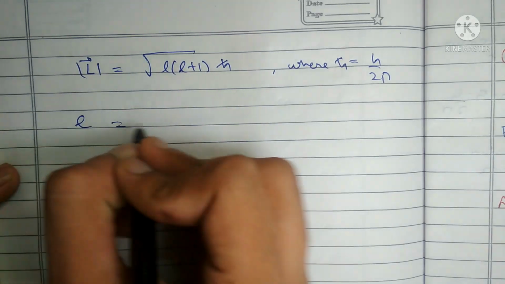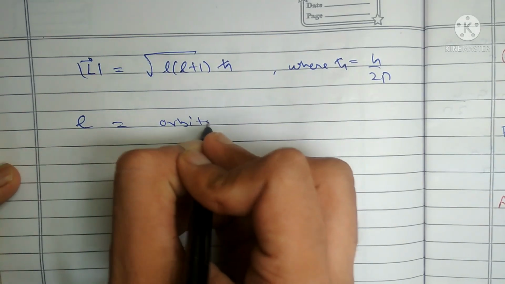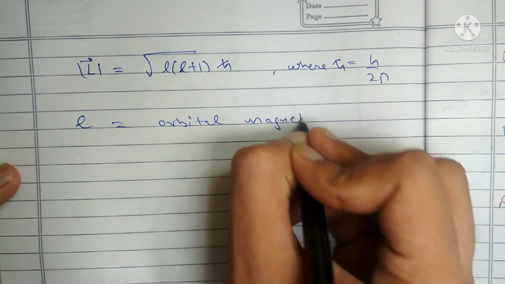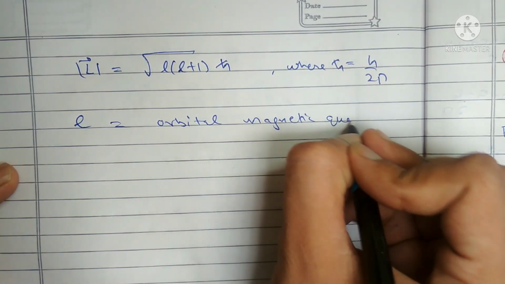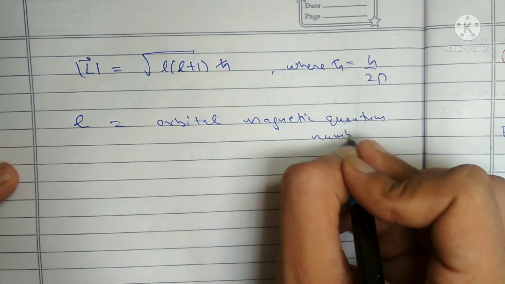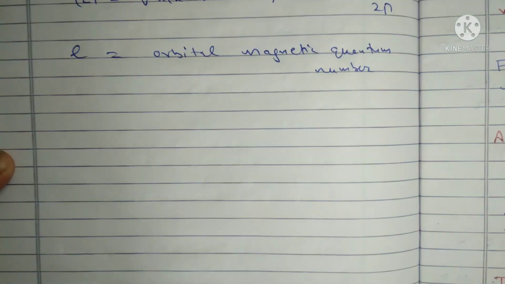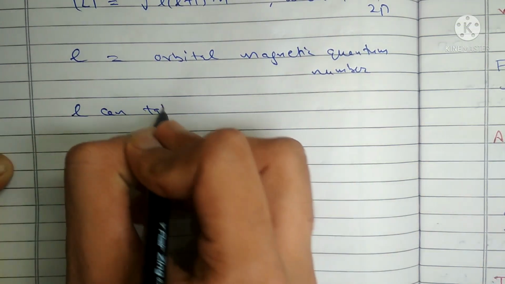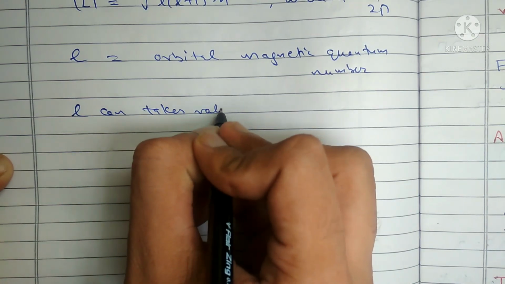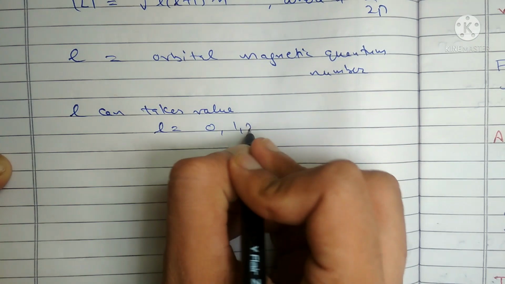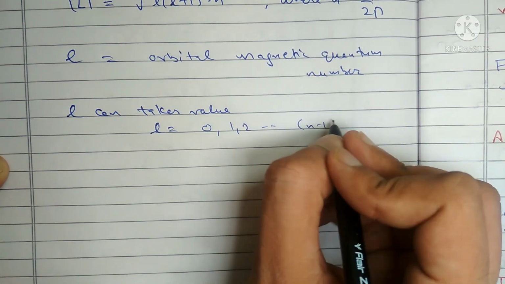And l is the orbital quantum number, where l can take its value 0, 1, 2 up to n minus 1.